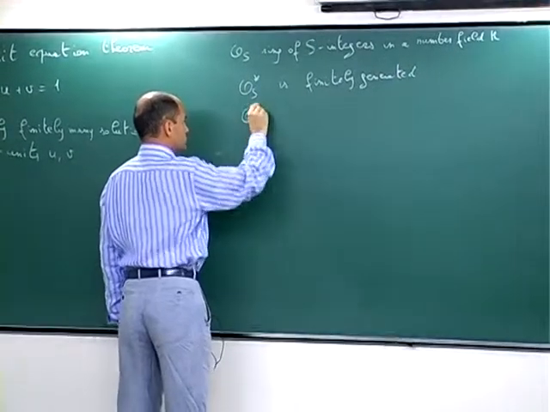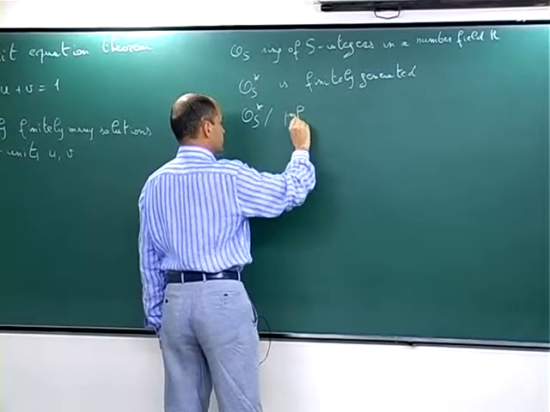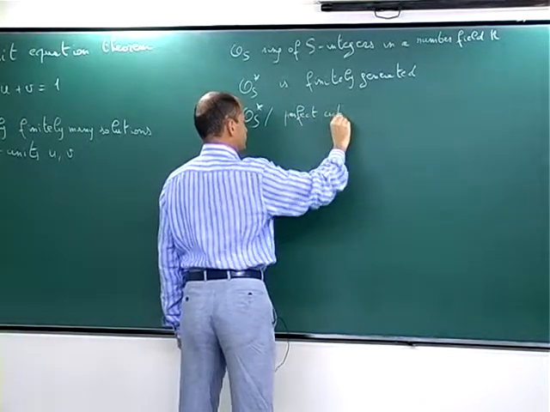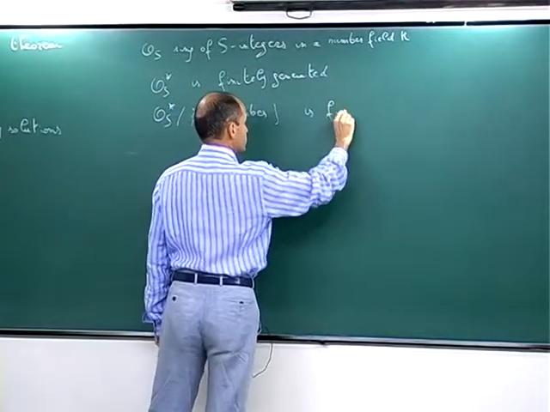So the quotient, the group of S-units modulo perfect cubes, is a finite group.